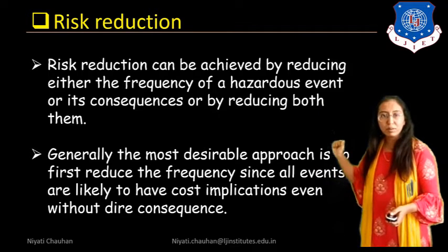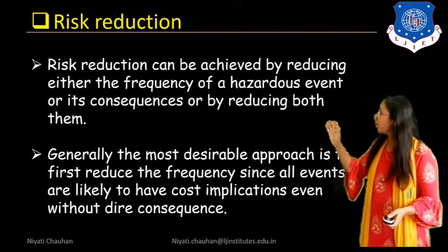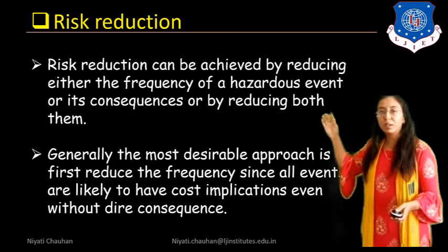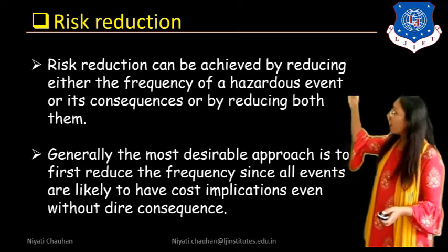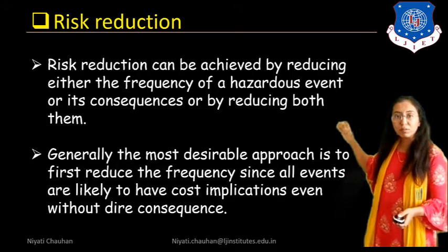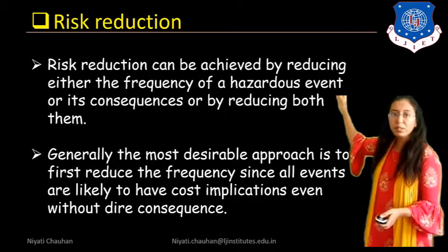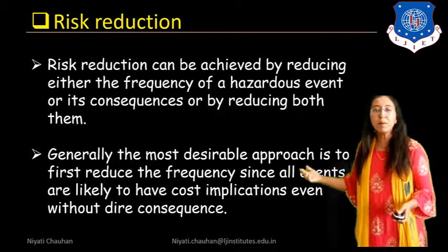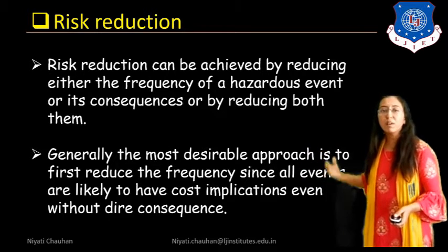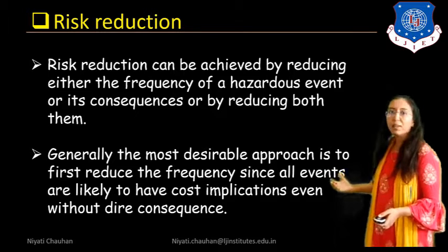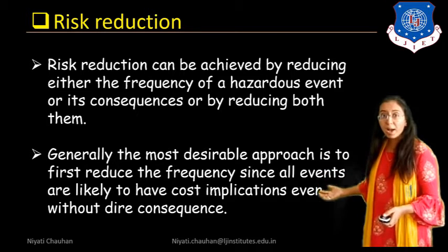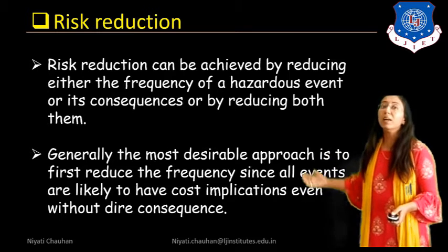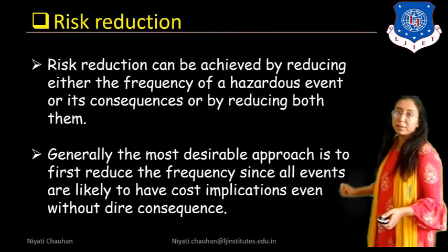So risk reduction can be achieved by reducing either the frequency of a hazard event or its consequence or by reducing both of them. Generally, the most desirable approach is to first reduce the frequency since all events are likely to have cost implications even without dire consequence.